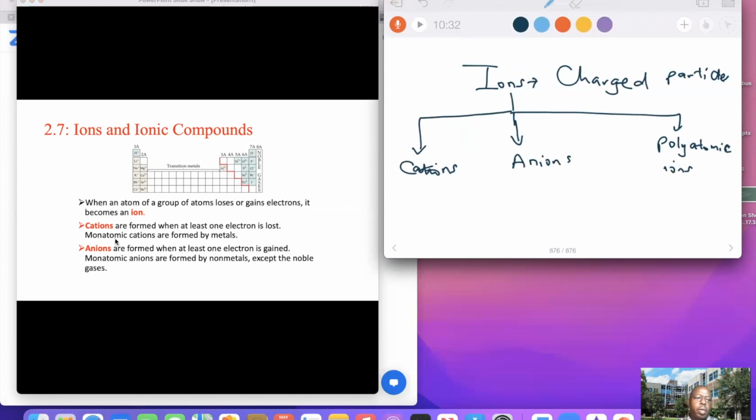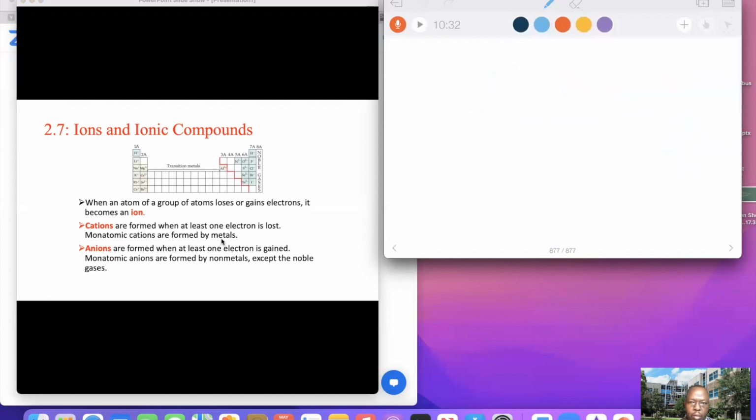Cations are positively charged, and it's good to understand how cations are formed. Cations are formed when at least one electron is lost. Monatomic cations are formed by metals. Now, there is a pattern here. Let me just highlight how the cations are formed.